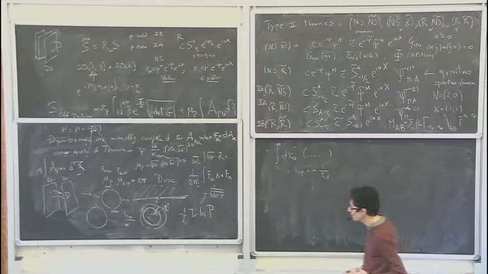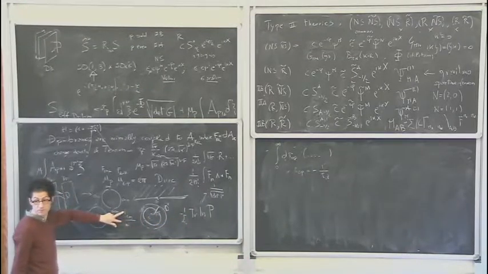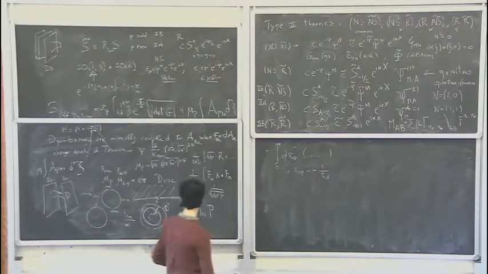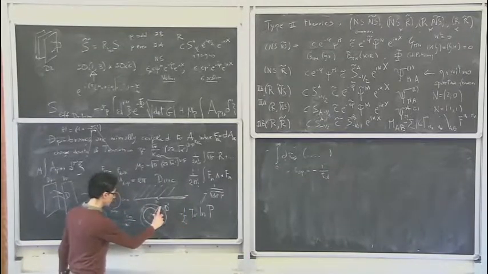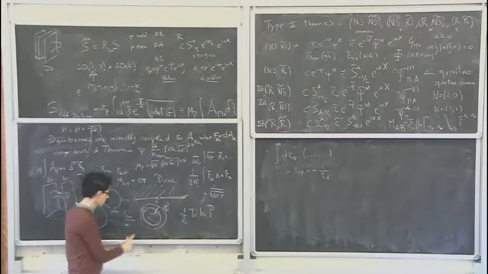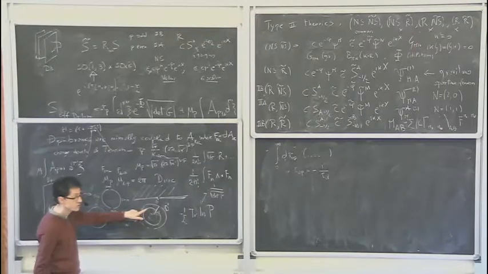What does it mean? It means that I am taking the inverse. Tau closed is the ratio of the width divided by the length. So I am swapping the role of these two directions.